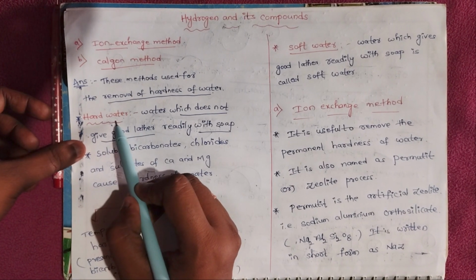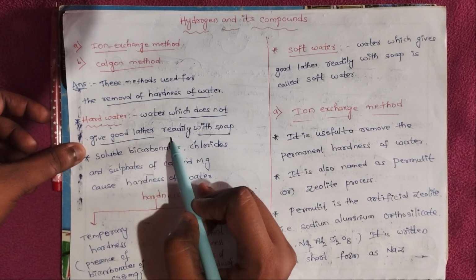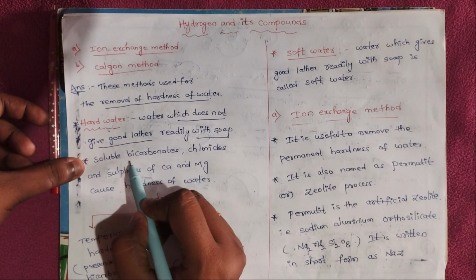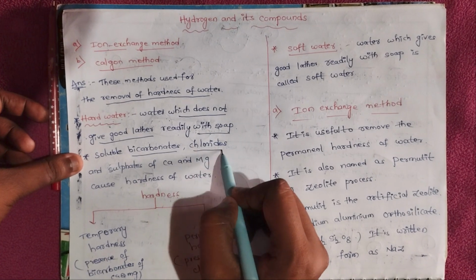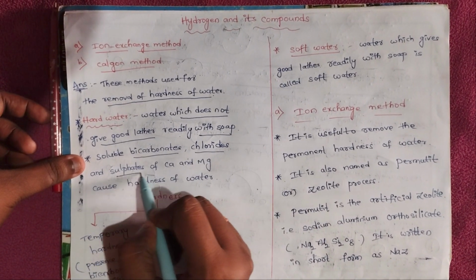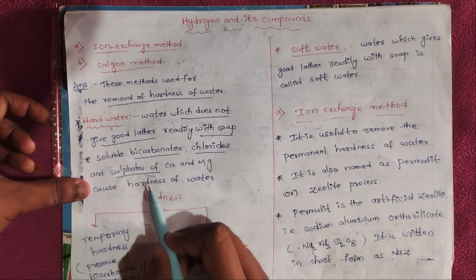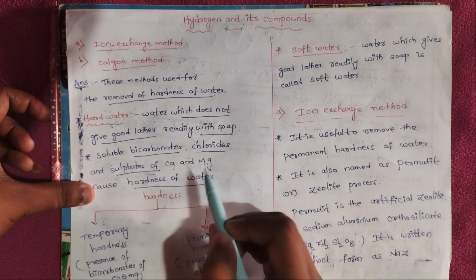The reason is that in hard water, soluble bicarbonates, chlorides and sulfates of calcium and magnesium are present. This can cause the hardness of water.